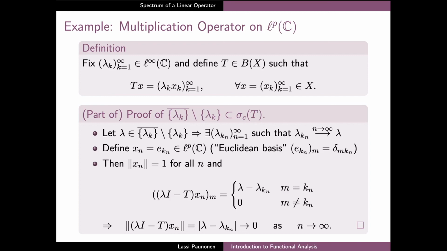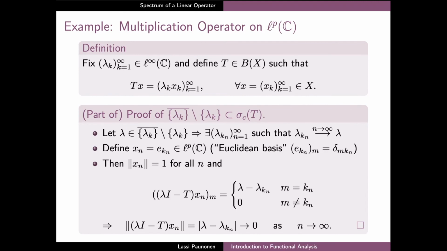To do this, we can begin with such a limit point and first prove that lambda I minus T is injective, which we already saw before, and that the range of this operator is dense in X. Here we will only focus on the last part, where we show that the inverse of lambda I minus T is unbounded by constructing an approximate eigenvector.